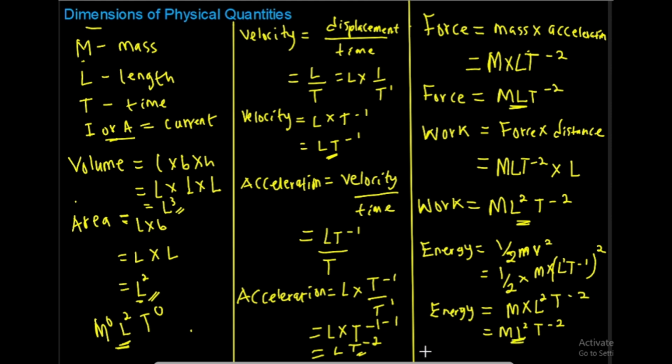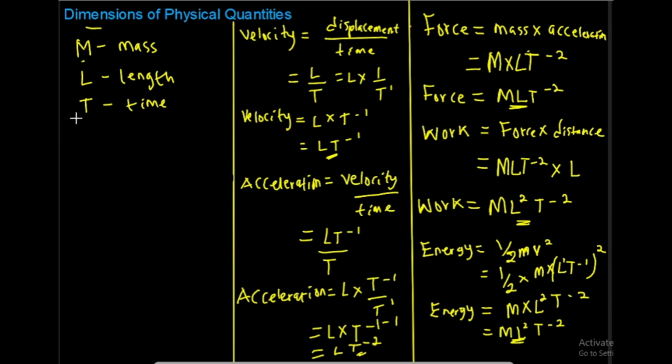We can also use the formula for gravitational potential energy to get the dimension for energy. So let's see it together. Again, we can use the gravitational potential energy formula to get the dimension for energy, and it's going to be the same here. Gravitational potential energy, remember, is mass times acceleration due to gravity times height.